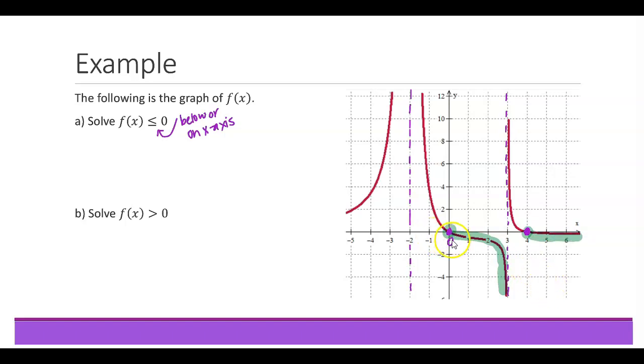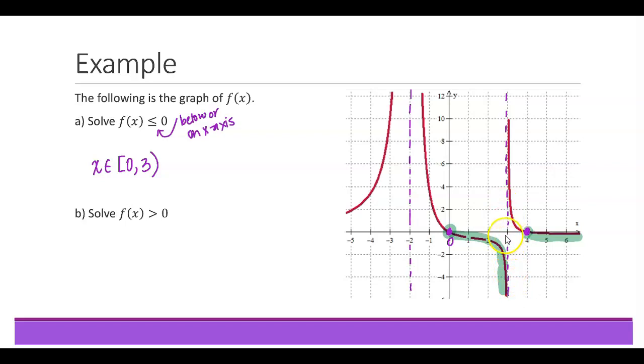Now in interval notation, I'm going to describe the x values where the y values are on or below the x-axis. So the x value starts at 0 and includes 0 because that's where I'm on the x-axis. So I'm going to say x values in the interval close bracket 0 all the way up until 3, not including 3, so I have to skip over this vertical asymptote.